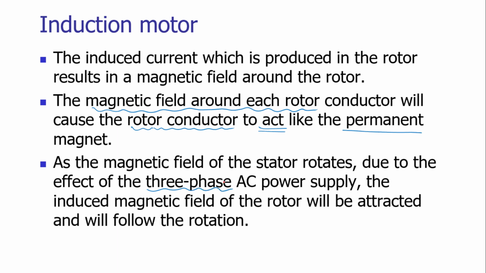So that rotation in the three-phase power supply is inducing magnetic field in the rotor, which will be attracted and will follow the rotation. So the change in magnetic field due to the three-phase power supply is inducing magnetic field in the rotor, and that will be leading to the rotation of the shaft itself.